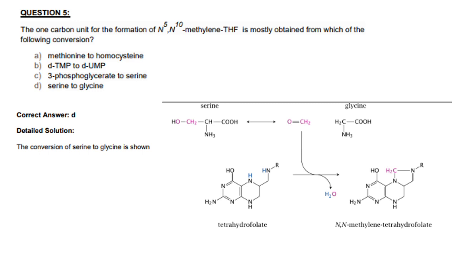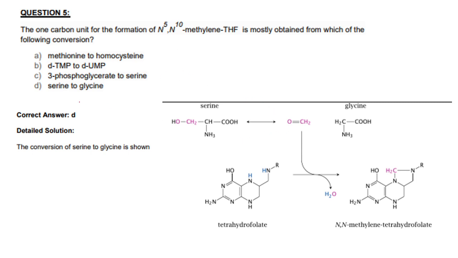Once serine is converted to glycine, it will generate this formyl group, and the tetrahydrofolate will get converted to N5,N10-methylene tetrahydrofolate. This condensation kind of mechanism will work here, and this is a formaldehyde.